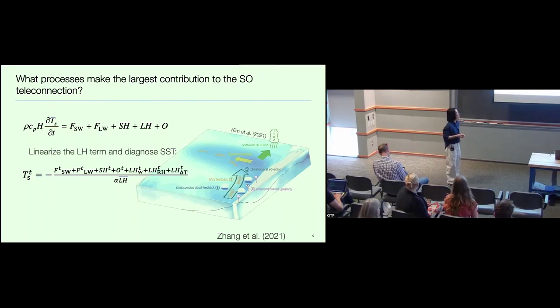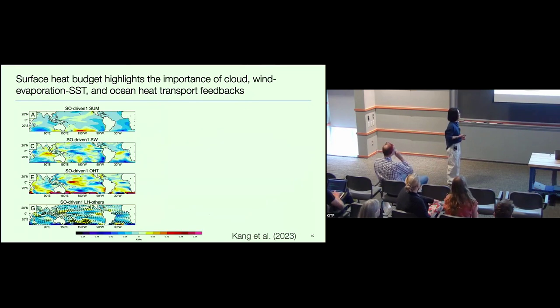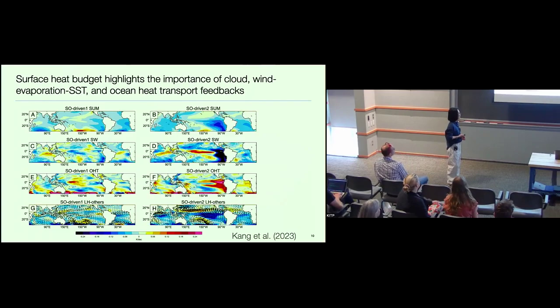It would be great to further decompose this term, because as you can see especially in CSM2, it has a very strong anomaly to counteract the shortwave, and it would be great to know exactly what process is driving that.